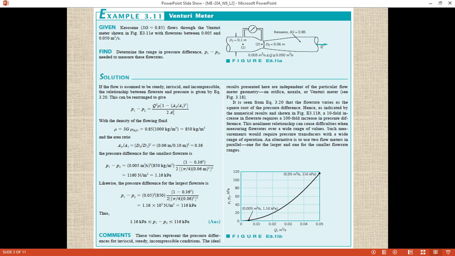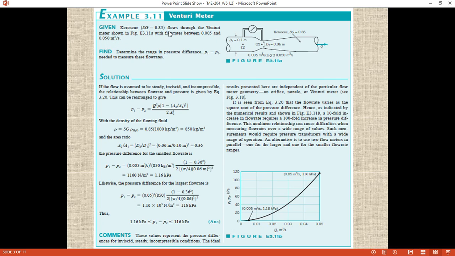So let's start the numerical which is related to the conduit or closed channel. This is example 3.11 of your book. So here given, kerosene has a specific gravity of 0.85, flows through the Venturi meter shown in figure with flow rates between 0.005 and 0.050 meter cube per second.